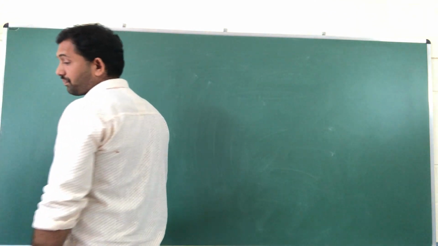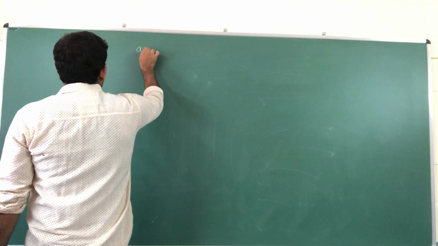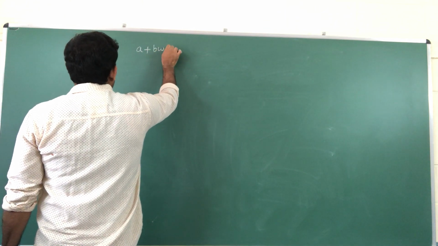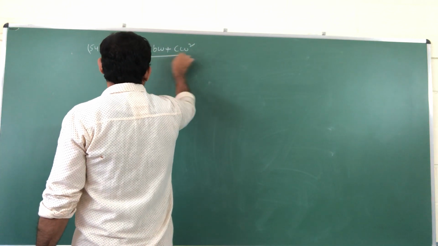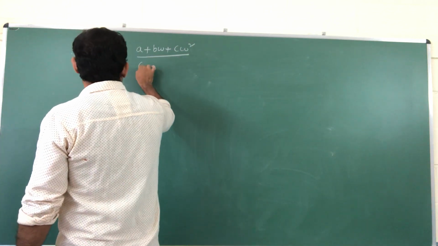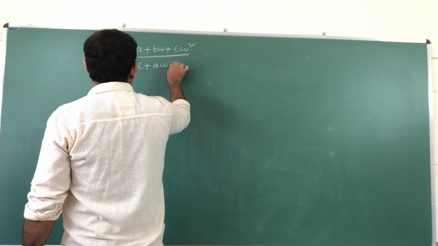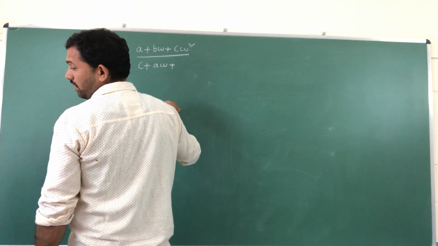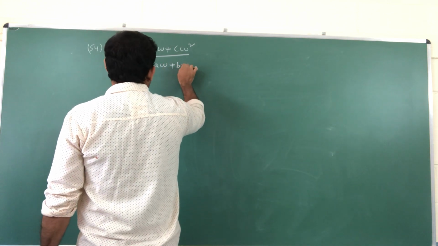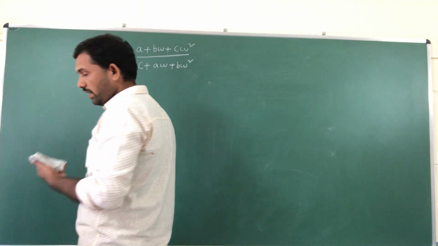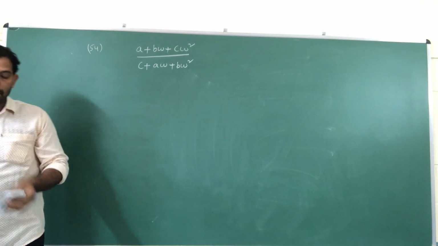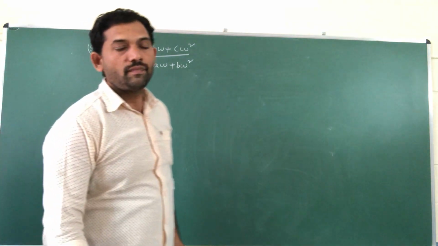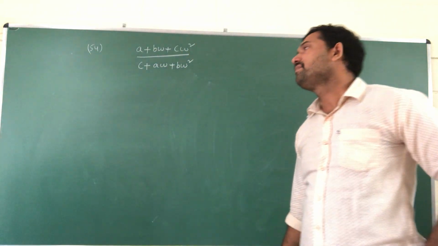So, (a + bω + cω²) divided by (c + aω + bω²).